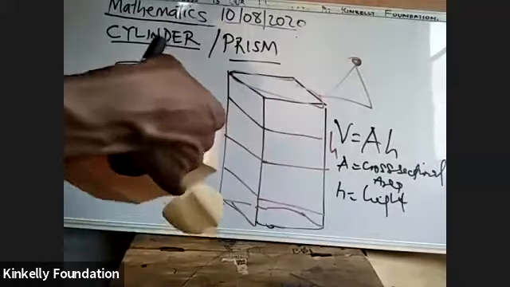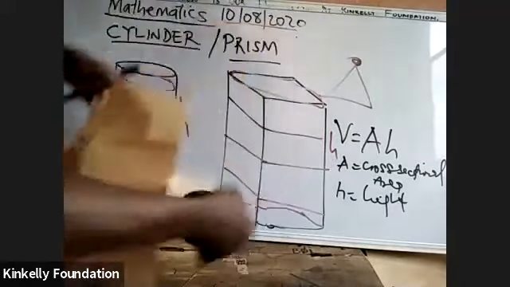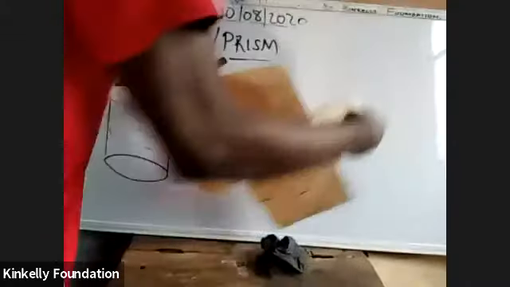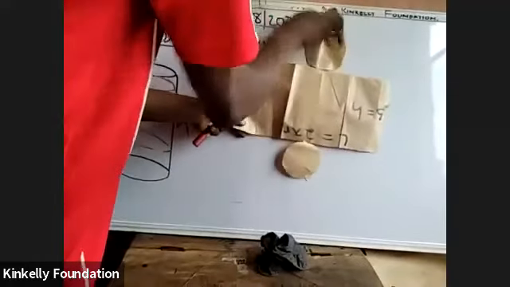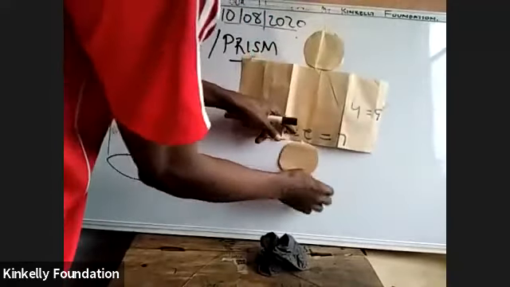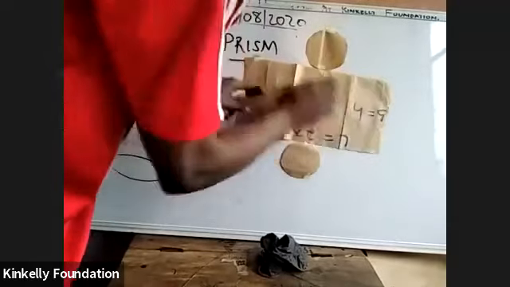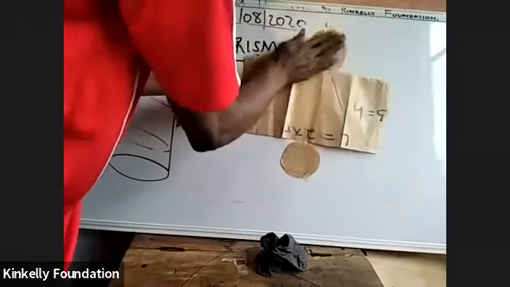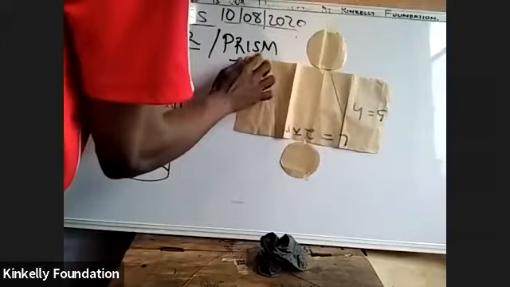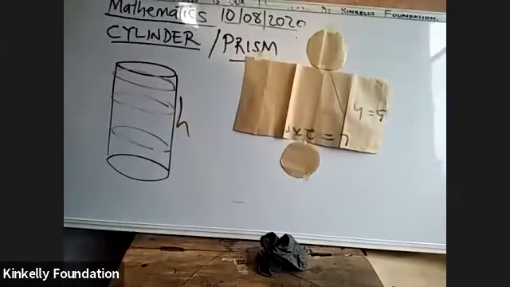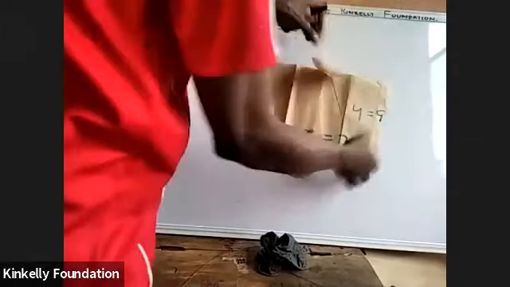Let us consider a cylinder as our case study. A cylinder has two circles and a rectangle. Now let's just turn this thing upside down.